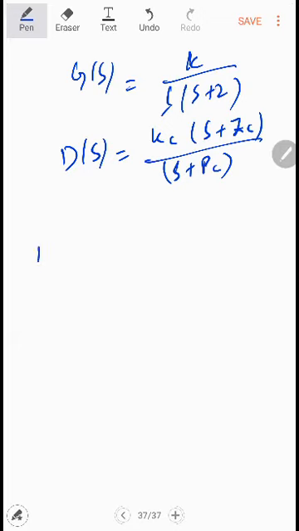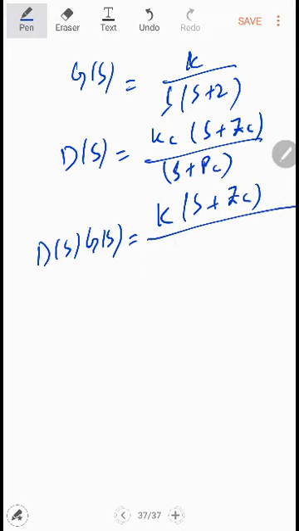So overall we have D(s) and this G(s), which is equal to K into (s plus ZC) divided by s into (s plus 2) into (s plus PC).